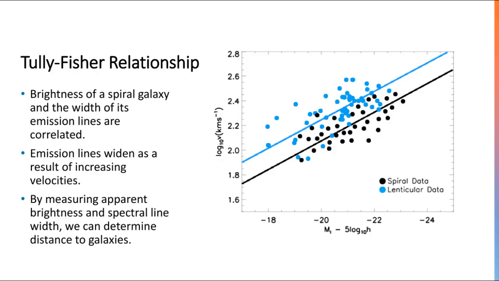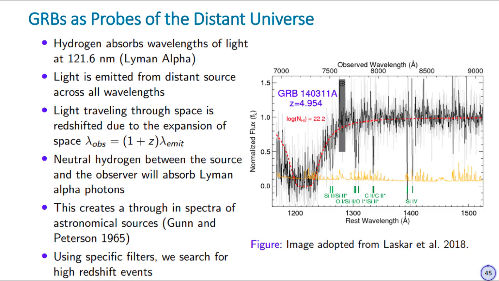And so again, by measuring the width of the emission lines, I can determine the absolute magnitude. So I have, again, a luminosity and a brightness. Luminosity and brightness mean I can measure a distance.